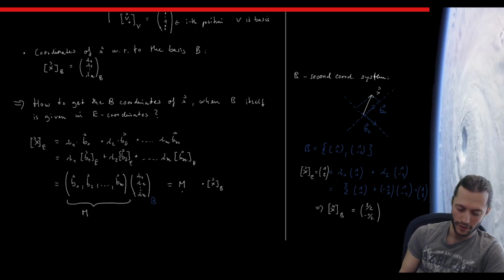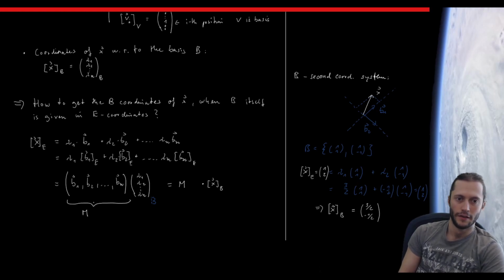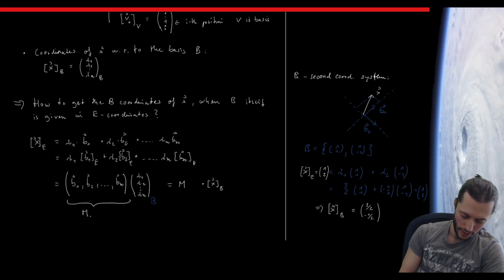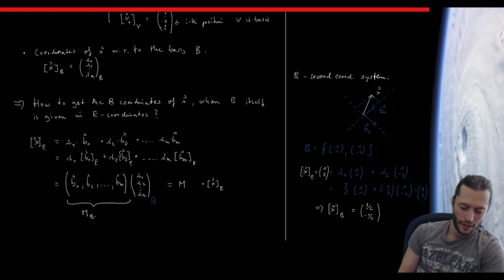So what indices do we give it? Well, I suggest the following. There are many different notations in the literature, and most of them are confusing, and this one is also, but maybe not that much. So I suggest putting in the basis of the space where we started.